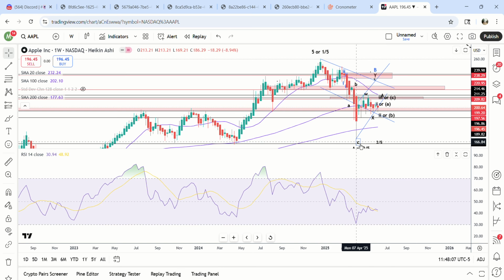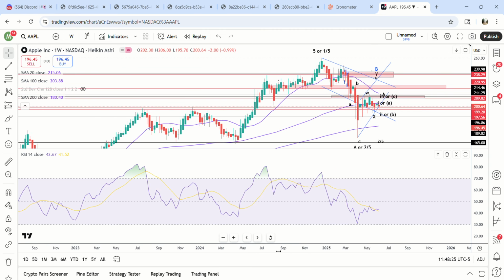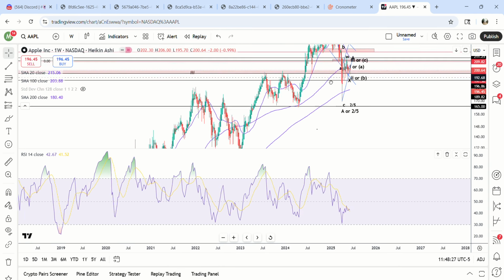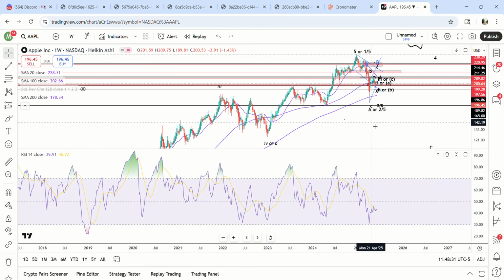And the weekly doesn't really have anything. Although it did break below this and then hold this low here at 165. So really 165 is the level to hold right here. And that also goes for this being, no, it doesn't. I was going to say this being a second wave, but it does not.